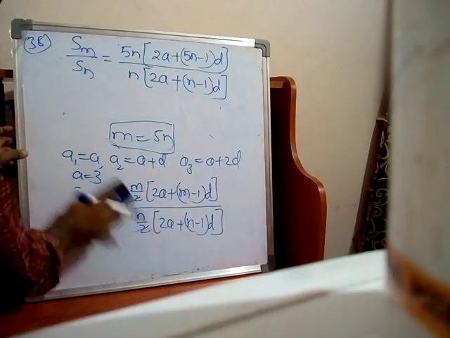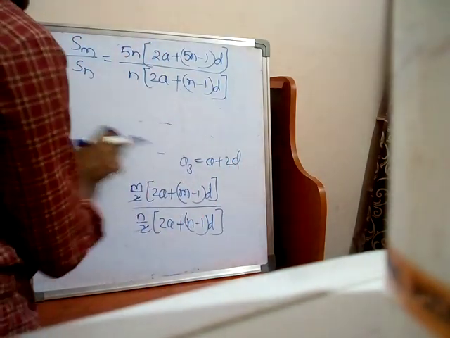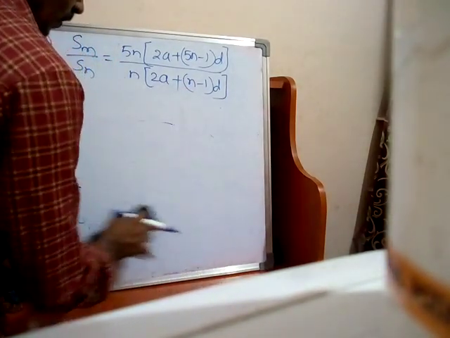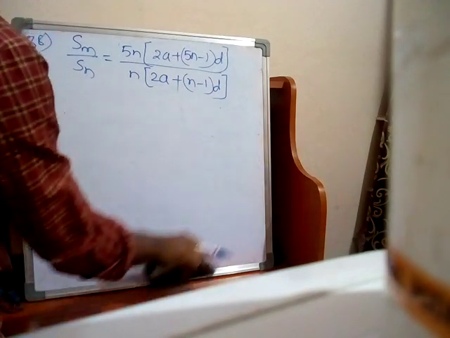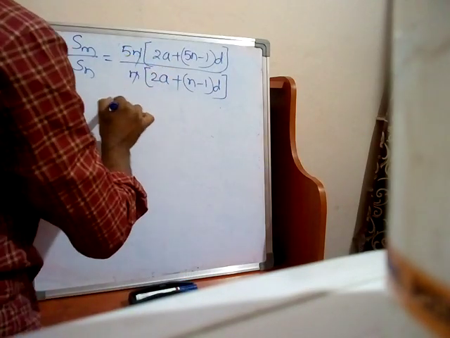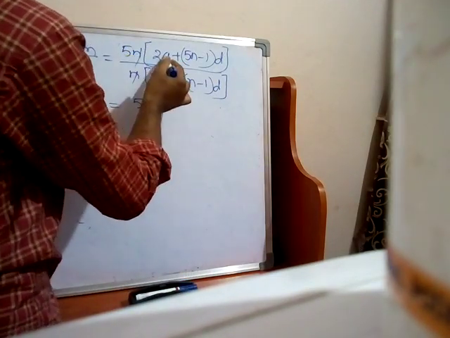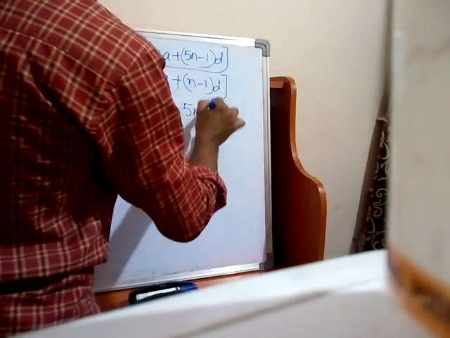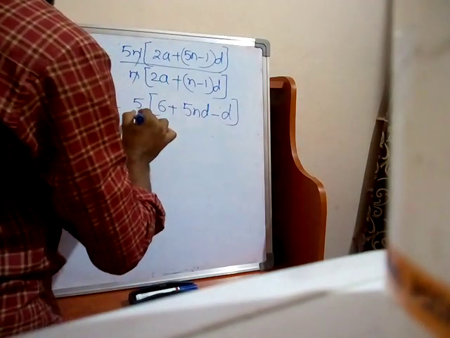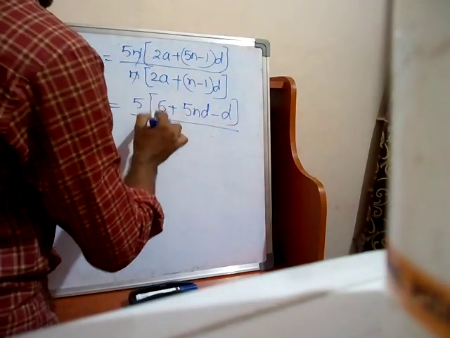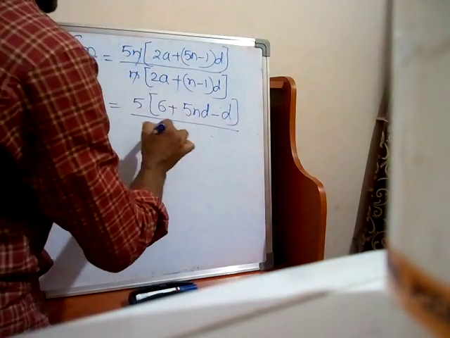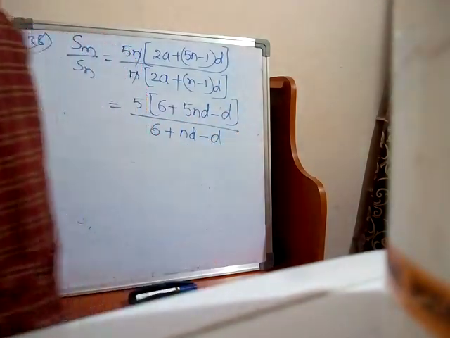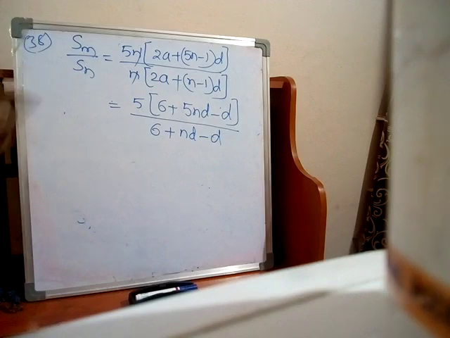Here the first term A is equal to 3, given. Now substitute the A value. N cancels. So 5 of 2A, with A equal to 3, is 6, plus 5ND minus D, divided by 2 into 3, that is 6, plus ND minus D. So which terms are common here?